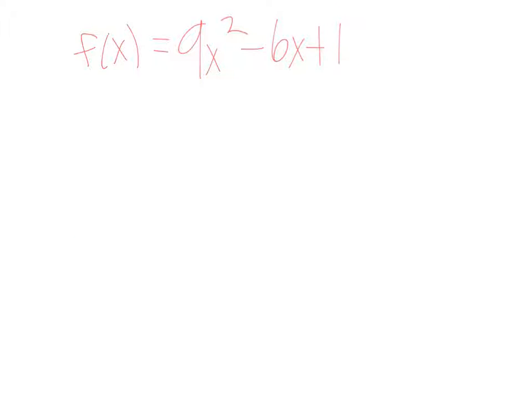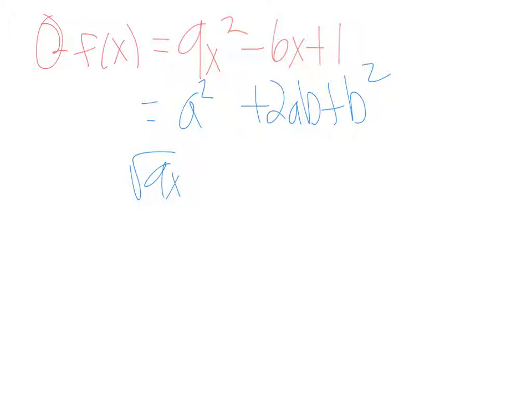Okay, let's try another. This would be number 2. 9x squared minus 6x plus 1. So again, does it have the form a squared plus 2ab plus b squared, which is the perfect square? Well, the square root of 9x squared is 3x.